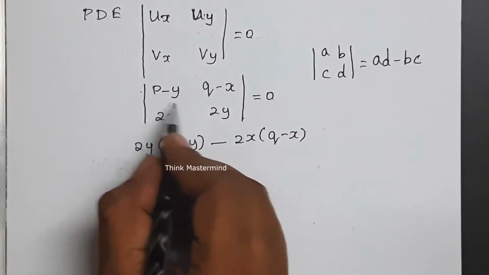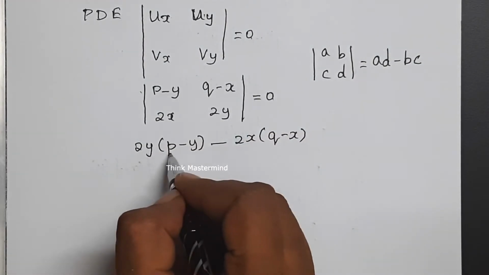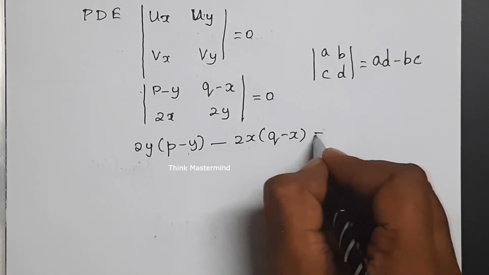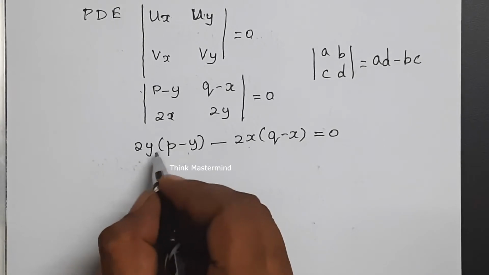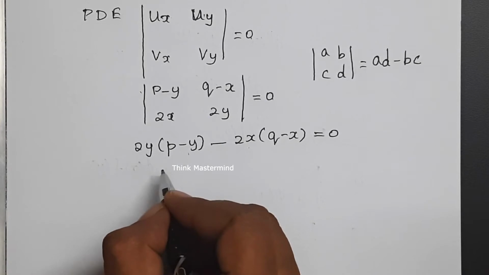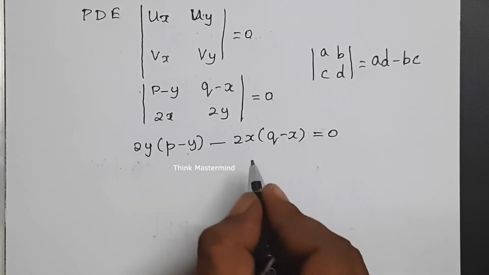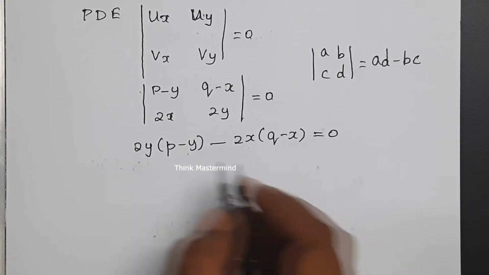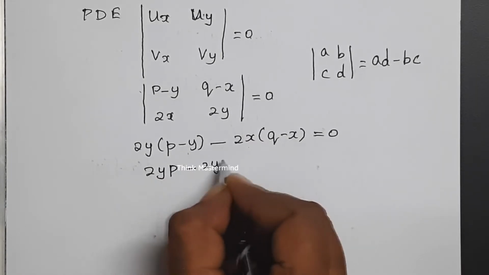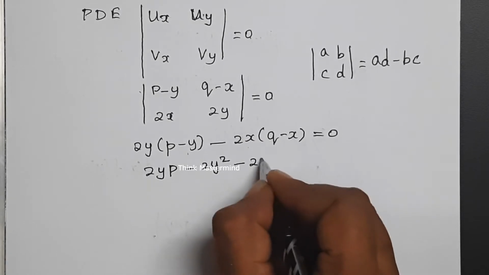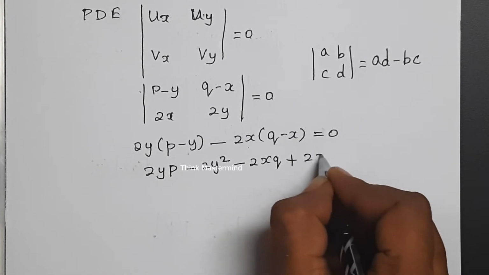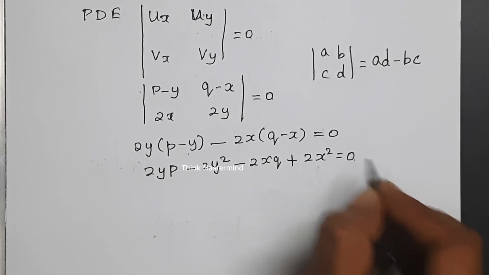So using that, the determinant value is 2y into p minus y minus 2x times q minus x is equal to 0. Already I told that the determinant gives a Lagrange's linear equation, that is capital P small p plus capital Q small q is equal to R.